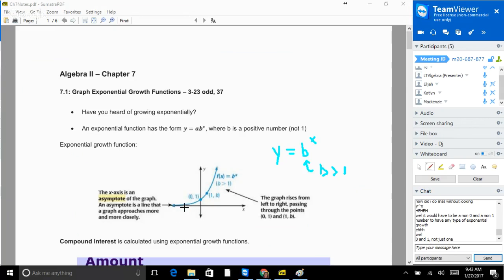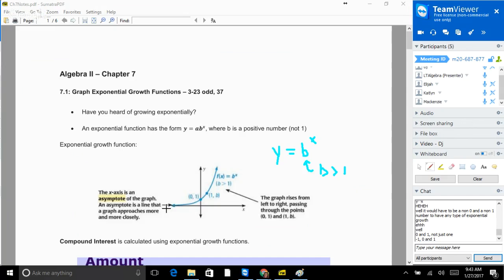There's also something called an asymptote. Who's heard that word before in math? Kind of a weird word, right? The asymptote, and this doesn't just apply to growth functions, this can apply to anything. The asymptote of a graph is when you have a function that is getting closer and closer and closer to a value, but never quite gets there.